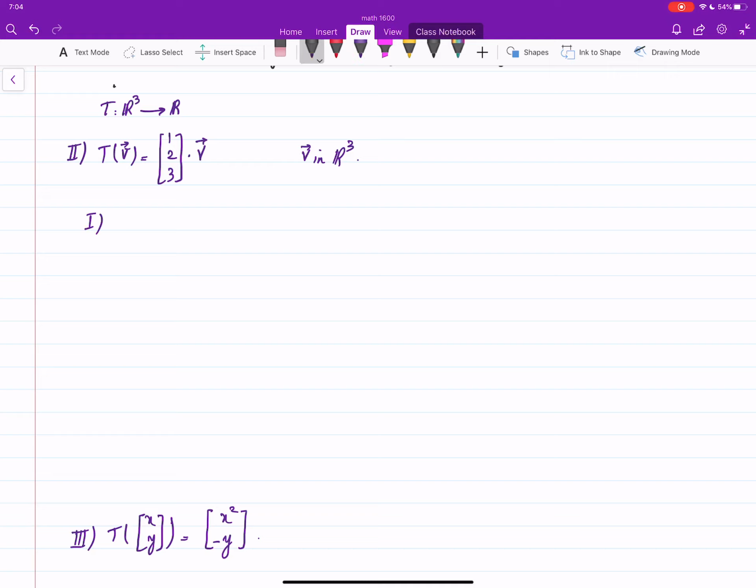First thing to check is, does it preserve the scalar multiplication? So here, T of C times (X, Y, Z). This is going to be T of (Cx, Cy, Cz). And this is equal to what? Here this says (1, 2, 3) dot (Cx, Cy, Cz).